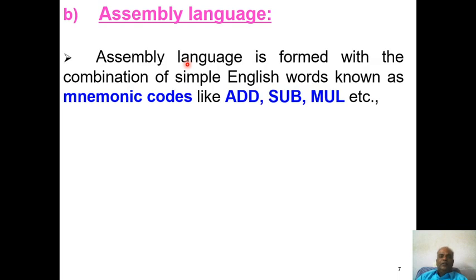The second kind of low level language is the assembly language. This assembly language is formed with the combination of simple English words known as mnemonic codes. Write carefully: mnemonic codes.